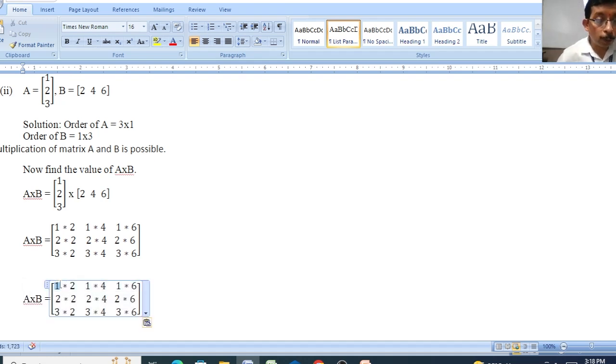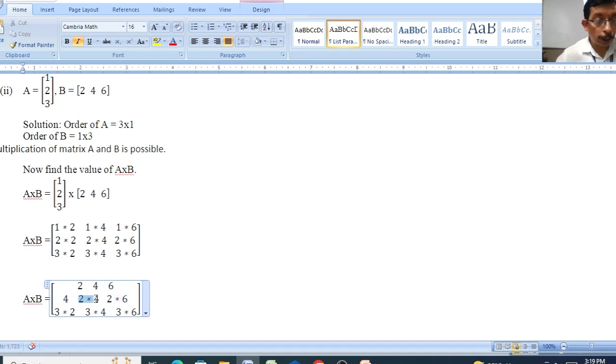One multiplied by 2, then we receive 2. 1 multiplied by 4, then we get 4. 1 by 6, then we get 6. Write down in the same position. 2 by 2, 4. Write down 4 in the same position. 2 by 4, 8.